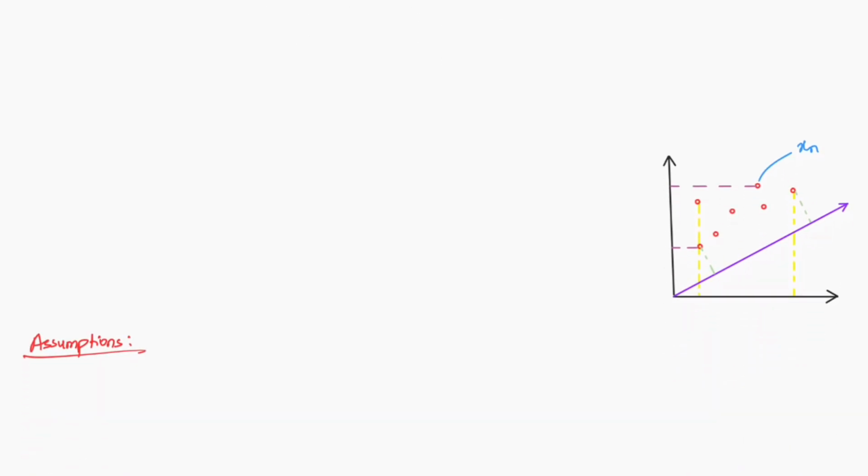Let us see this example where we have this data xn, and now we assume that this is the first PC, the basis vector on which we will be projecting our data. This is going to be our first PC, PC1, because it tries to capture the maximum variance of the data.